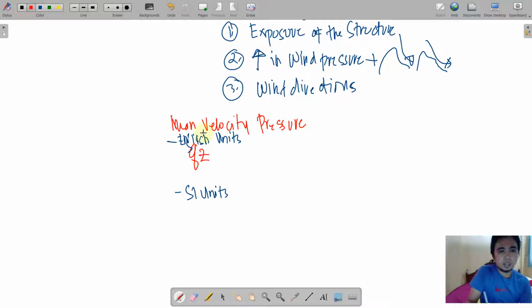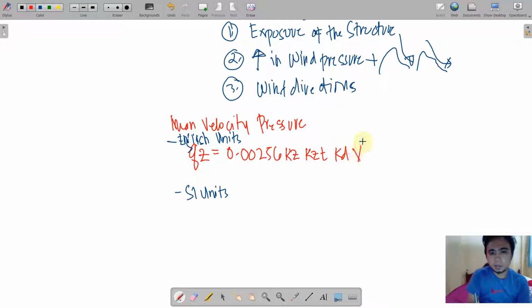So for QZ in English units, we have 0.00256 kz times kzt times kd times V squared. And for SI units, the mean velocity pressure is 0.613 kz times kzt times kd times V squared.